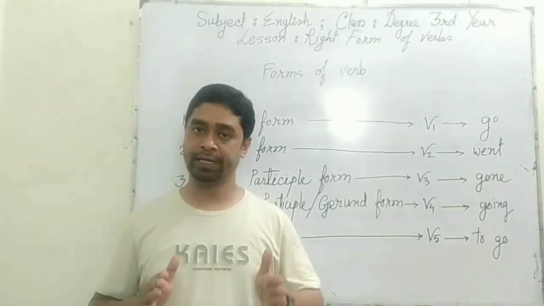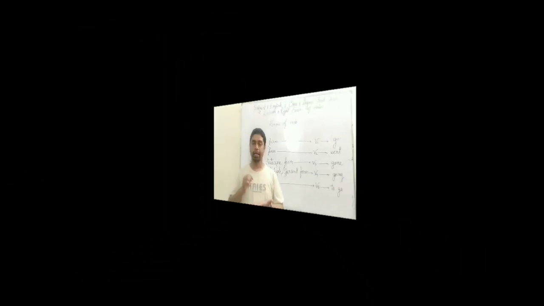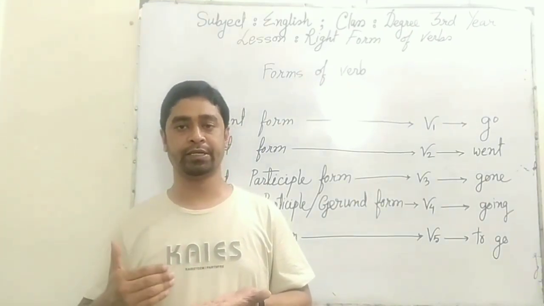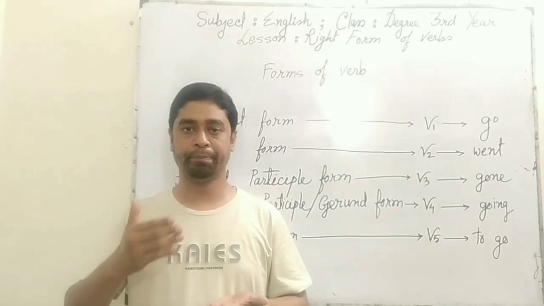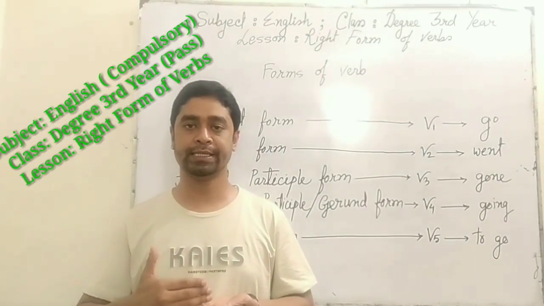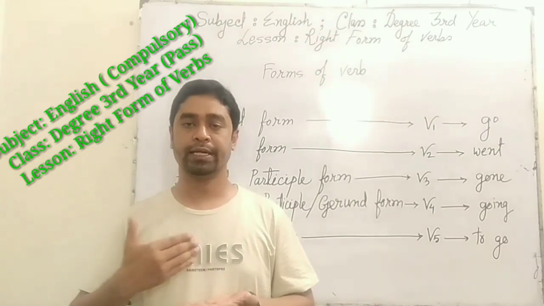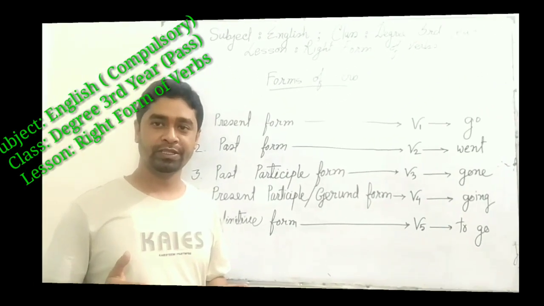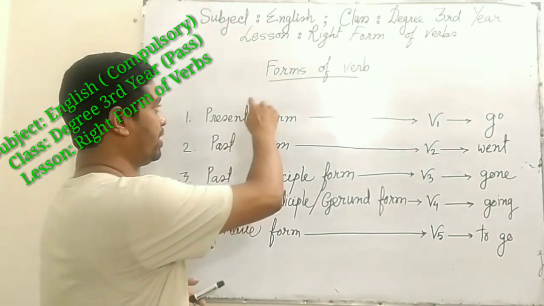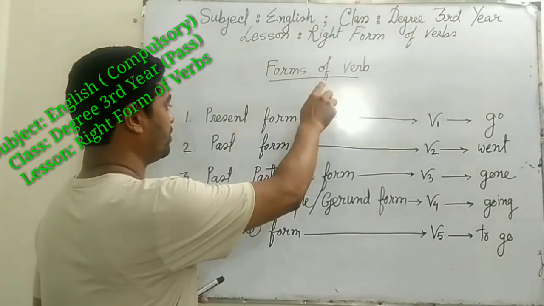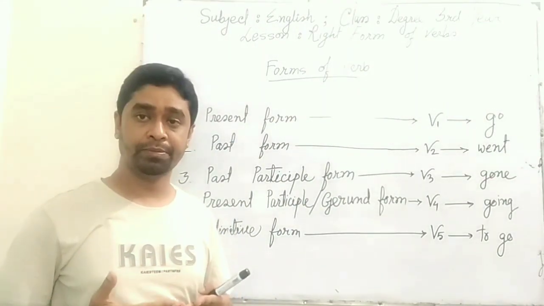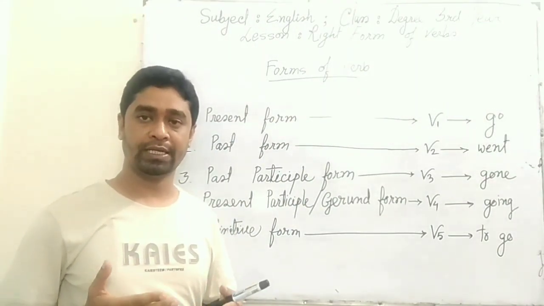Actually, a verb can appear differently in sentences on the basis of their subjects, moods, voices, modals, etc. Dear students, let us have a look at the board where there are several forms of the verb. If we notice attentively, I think it is clear to us.